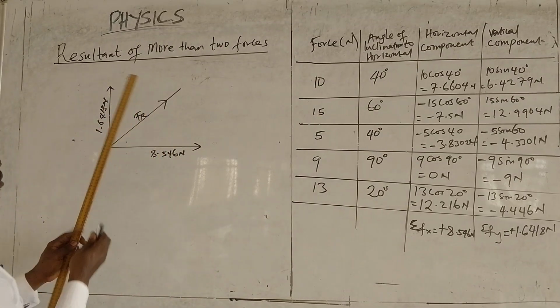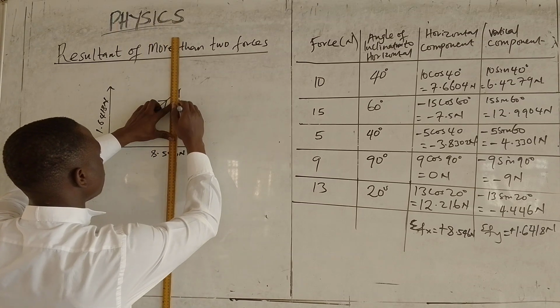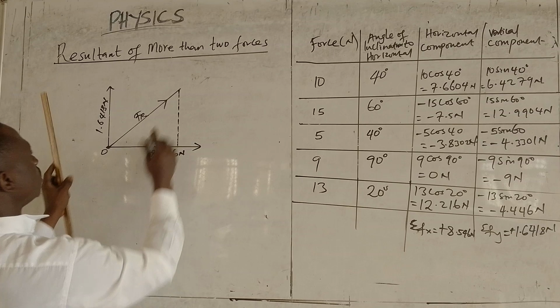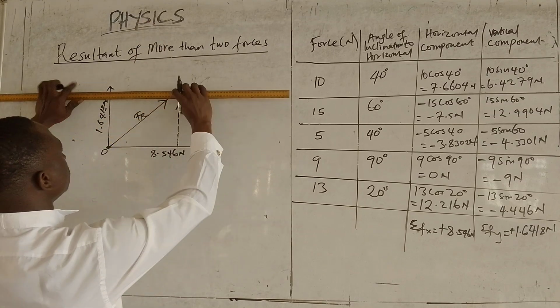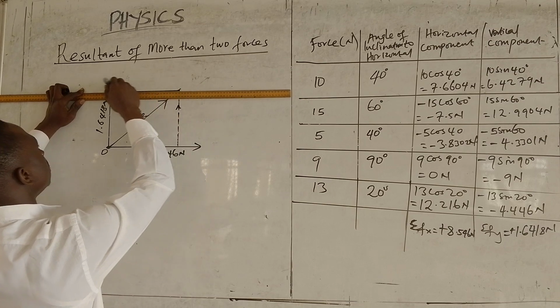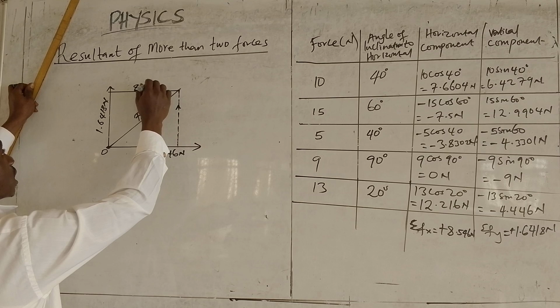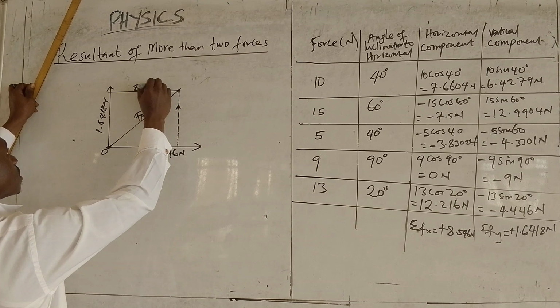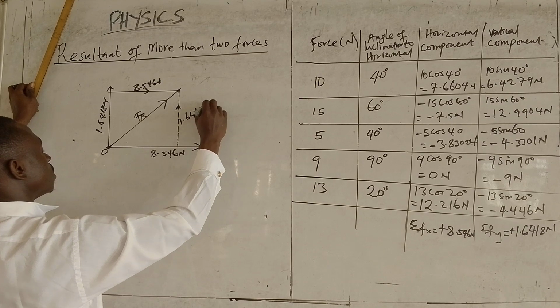Okay, so if I apply the law of parallelogram of forces, complete this diagram to form your parallelogram again. So Fy is upward, then draw Fx to the right-hand side, 8.546 Newton, and this one is 1.6418 Newton.